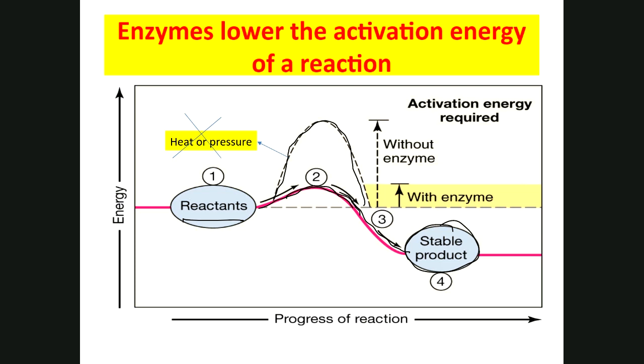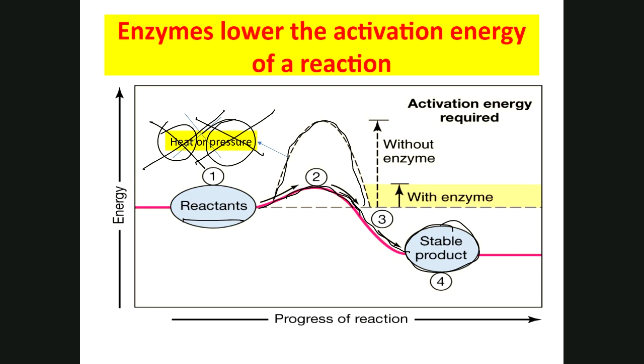Okay, so in order to make something that stable react, you have to do one of two things. You have to increase the temperature and heat up the component, or increase the pressure and force molecules close together in order to make them react. Okay, in a biological system, if you put heat or pressure, you kill the biological system, so you can use neither.